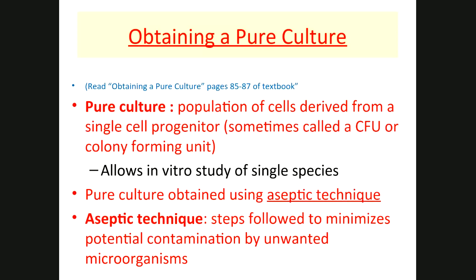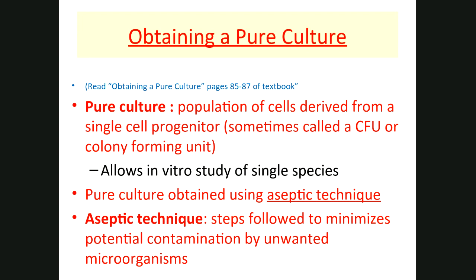Okay, so let me go ahead and get started. What this lab exercise does is it explores techniques that allow us to attain pure cultures. So the first thing is to know what a pure culture is, and this question has already been asked in previous lab exercises.